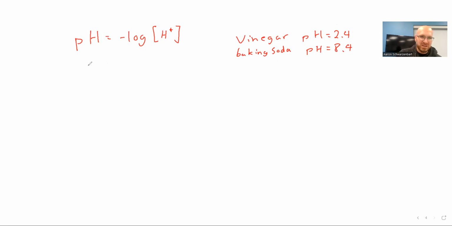So we're just going to get both of our pHs. Vinegar: 2.4 equals negative log H plus. We're going to get our H plus, our hydrogen ion concentration. First thing I need to do is move the negative. Then I convert to exponential form. Again, it's a base 10.